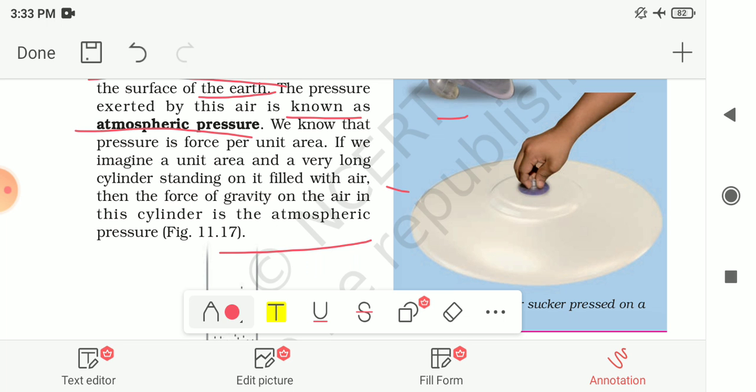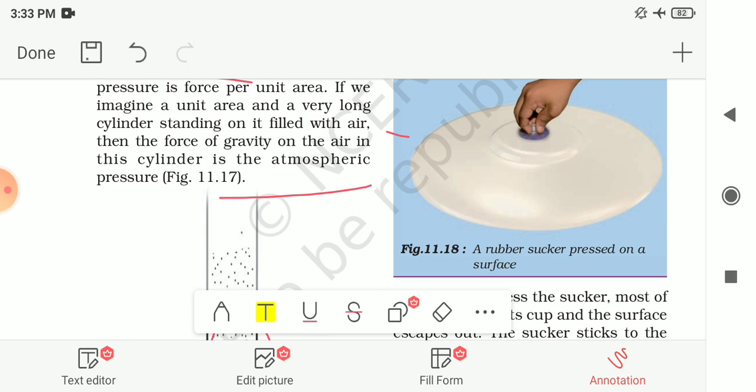When the rubber sucker is pressed hard on the smooth plane surface, it sticks to it, and it is not possible to pull the sucker off or remove it from the surface.